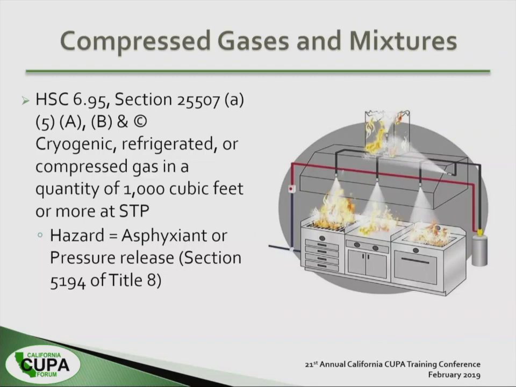And again, if you're a big building, you might have a fire suppression system, or if you're a building that has a lot of hazardous materials, you want to have your own fire suppression system. The fire suppression gases, if they're above 1,000 cubic feet, have to be reported.